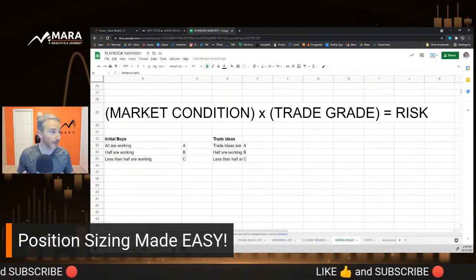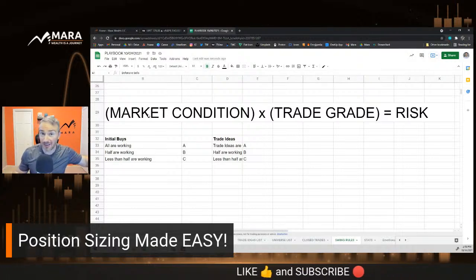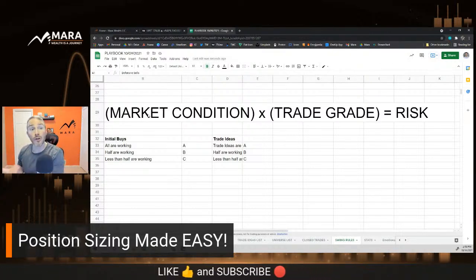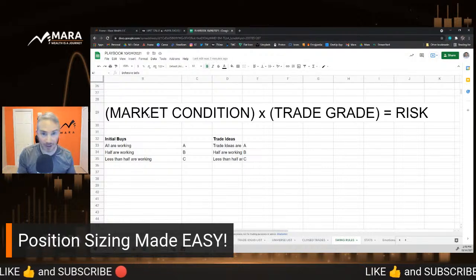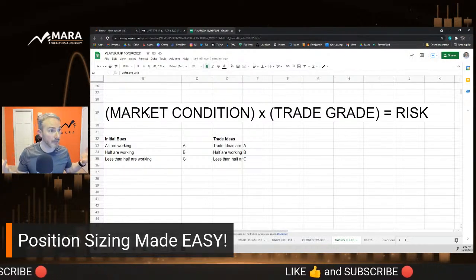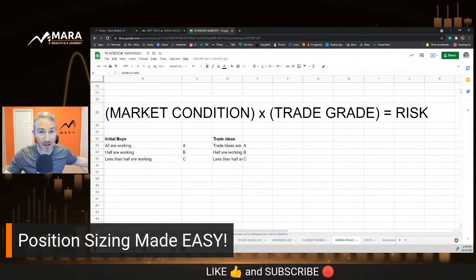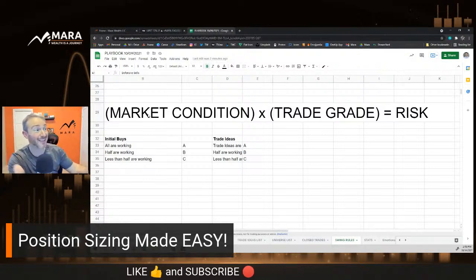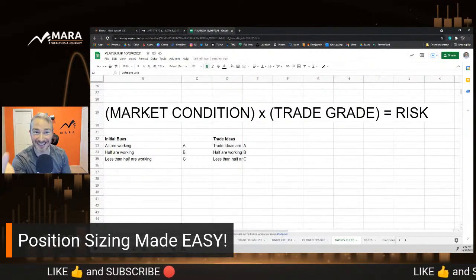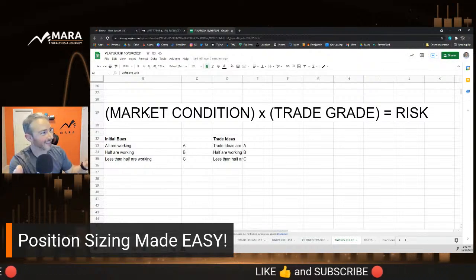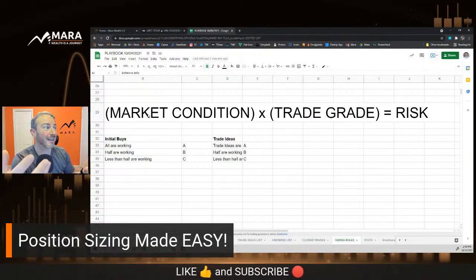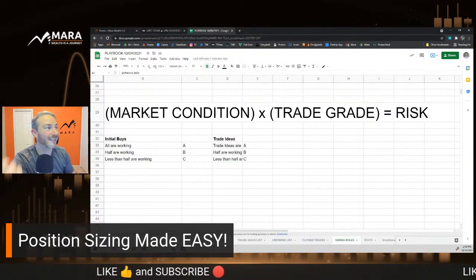So two big factors: market condition, what's the market doing, and how good is this trade. That equals the amount that I should risk. It actually took me 20-some odd years to arrive at this formula, as simple as it is, but there are moving pieces in this formula, and it's brilliantly simplistic.